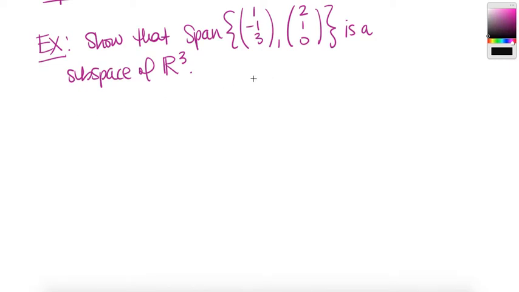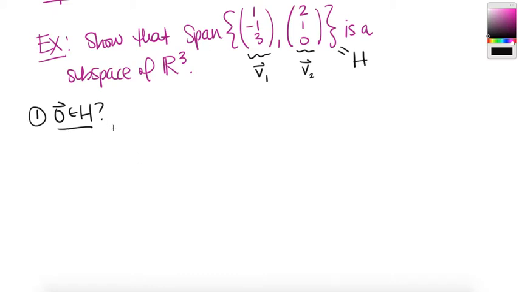Let's call this span H. We need to check: is the 0 vector in H, and is it closed under addition and scalar multiplication? Let's call this vector v1 and this vector v2.